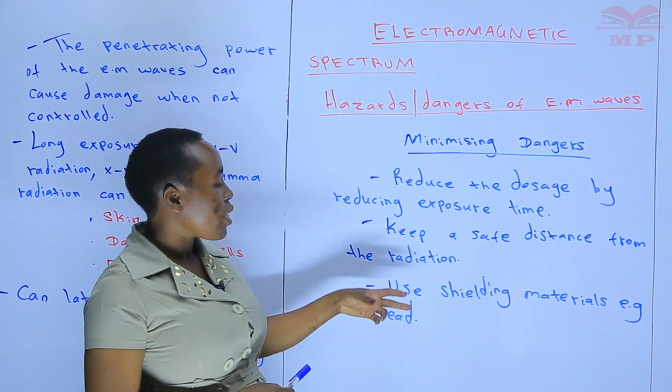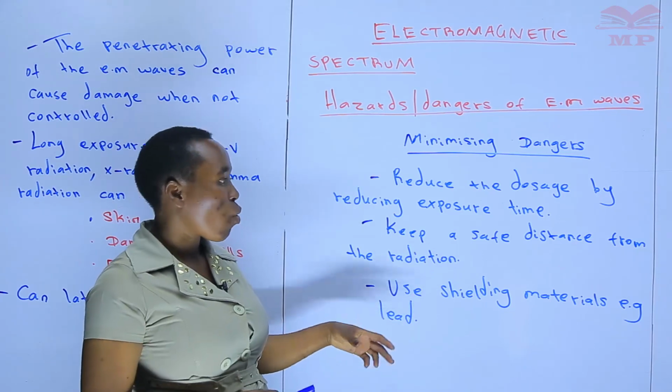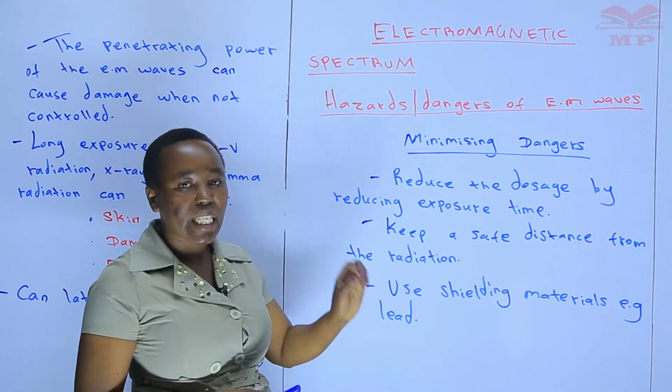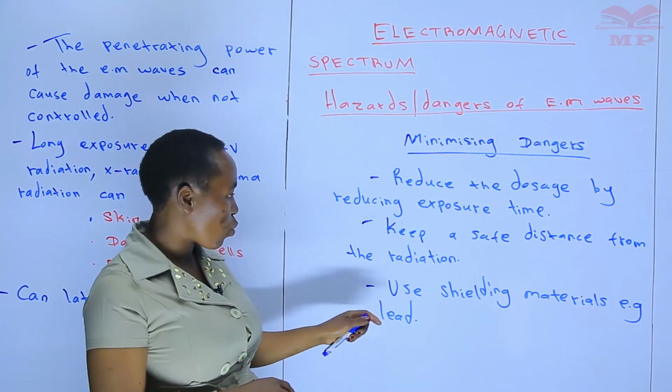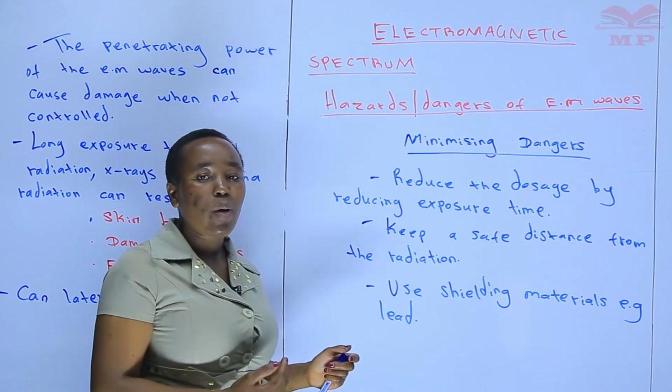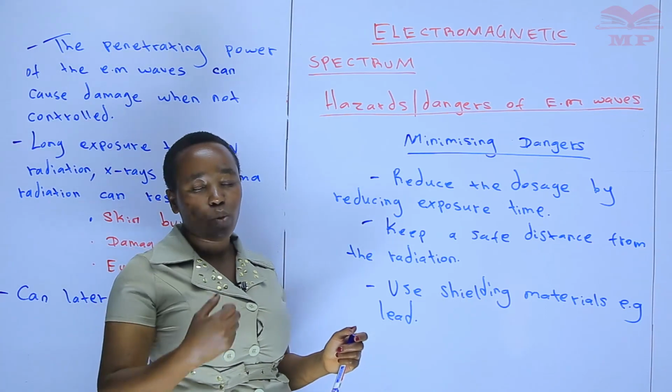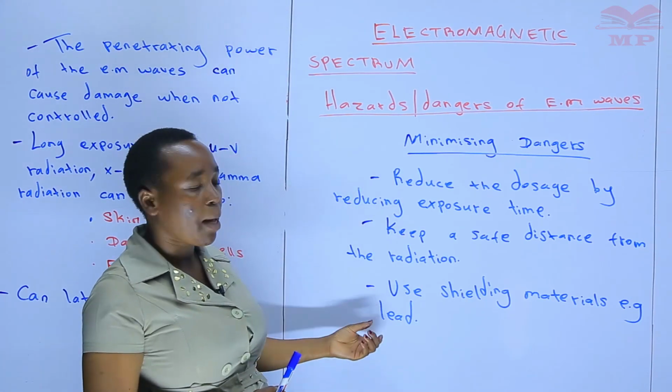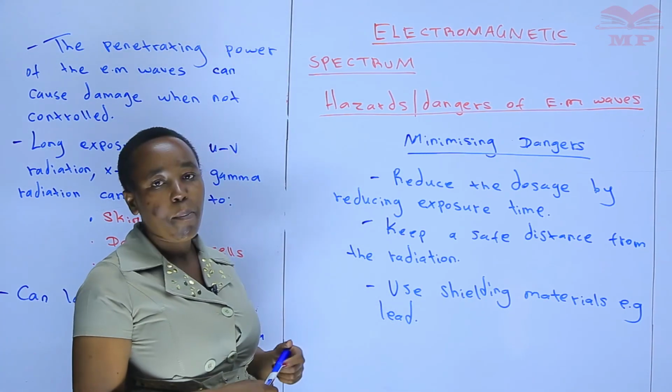And therefore, in industries where there is some emission of these radiations, they can use lead or any other shielding material so as to ensure that the radiations do not get to the people, but instead are absorbed by those shielding materials.